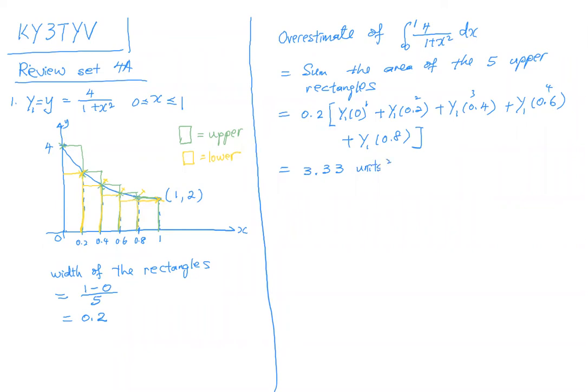Okay, so please do the underestimate of this value. That means you find the sum of the area of the lower rectangles.